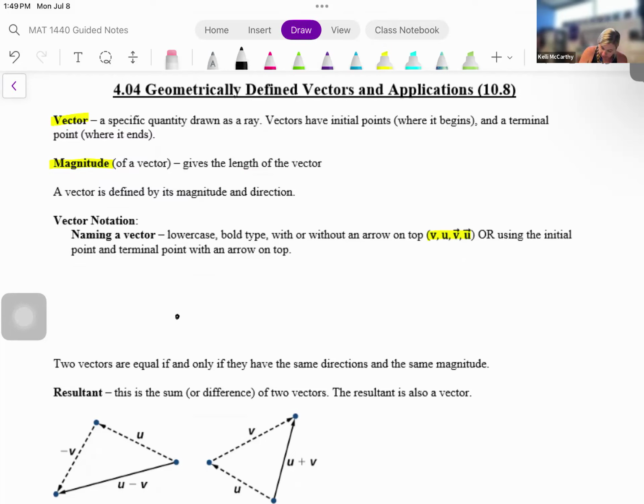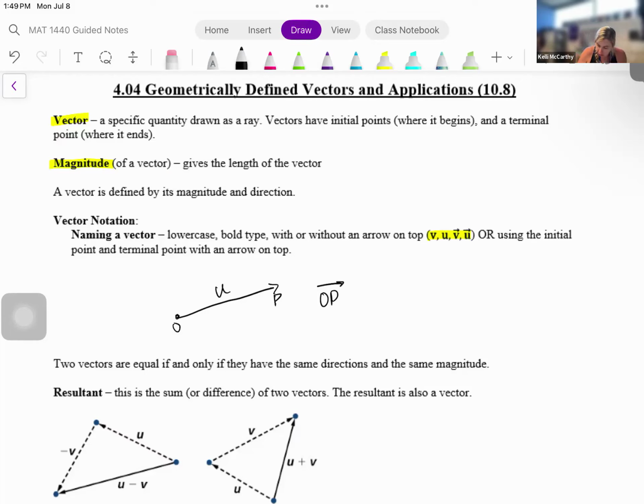So if I think about a vector having an initial point at O and my terminal point at P, this can be named vector OP, so letters OP with an arrow on top.